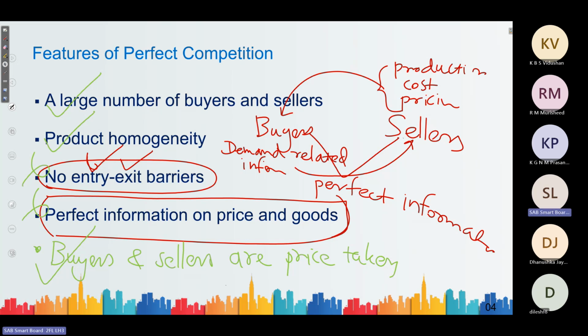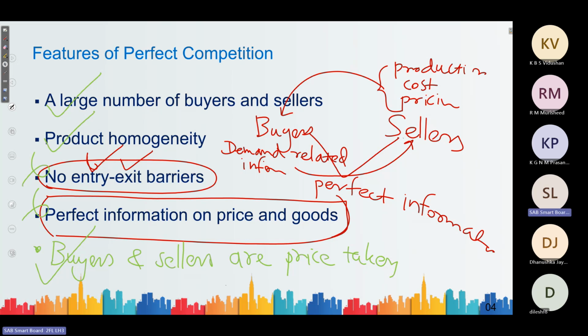So these are the key features: large number of buyers and sellers, product homogeneity, no entry and exit barriers, perfect information on price and goods, and also buyers and sellers are price takers.